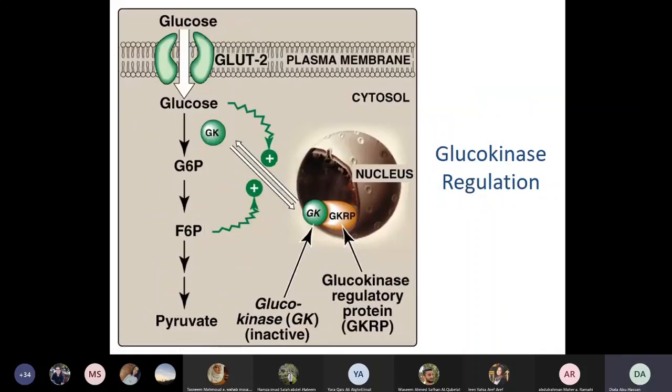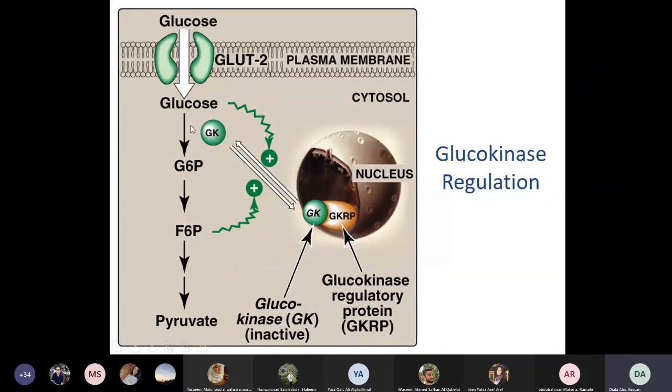Okay, let's see glucokinase regulation as a specific enzyme for glucose. So whenever a person, for example, took a high carb or carbohydrate-rich meal, there would be a secretion of insulin. Insulin is going to increase the amount of glucose transporters on the cell membrane, so the cells can take up more glucose into the cell.